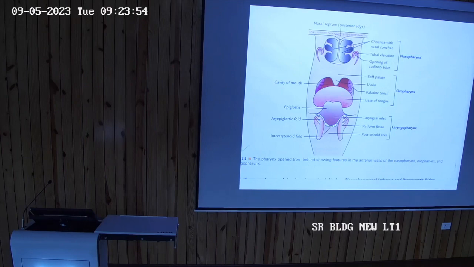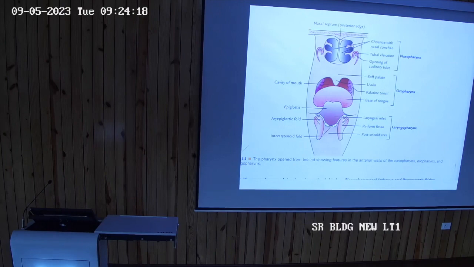So one of the margins is formed by the aryepiglottic fold. And look downward, posterior surface. Here, this is the arytenoid cartilage, another arytenoid cartilage. The two arytenoid cartilages are connected with each other by the mucous membrane, forming the posterior boundary of the inlet of the larynx. I will use this word, inlet of larynx, so have an idea what it is.